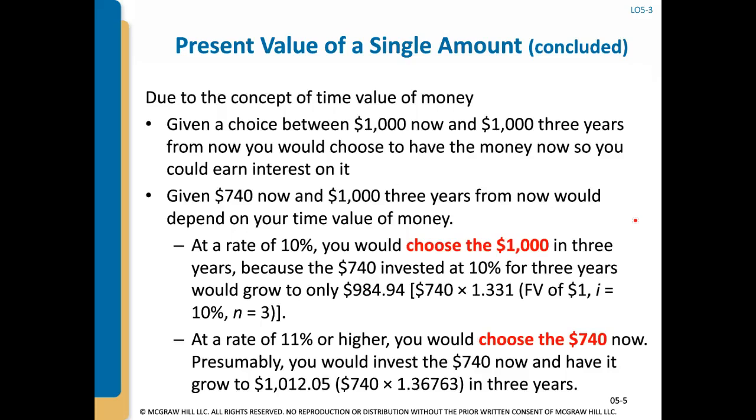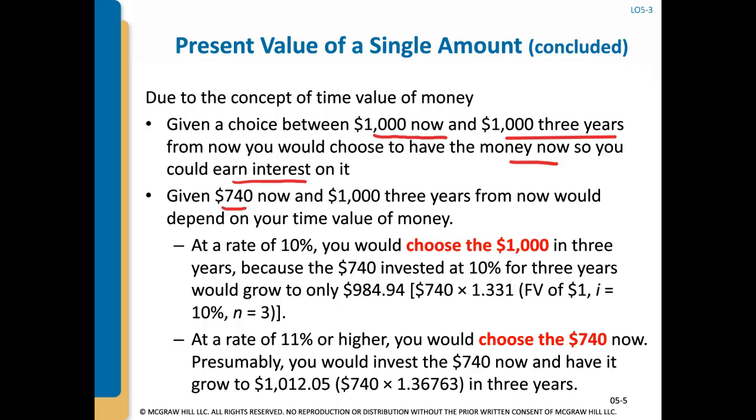So let's go through some scenarios. If you're given a choice between $1,000 now and $1,000 3 years from now, you would choose to have the money now so you can earn interest on it. That makes sense. I'd rather take my $1,000 and earn whatever interest rate I can, right? But now let's take another scenario.